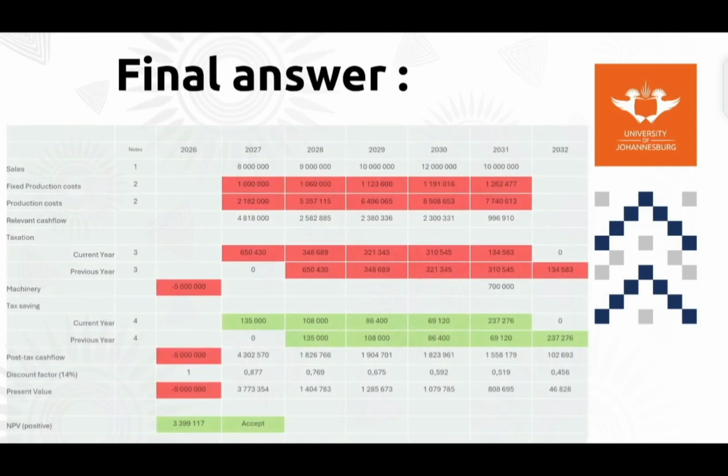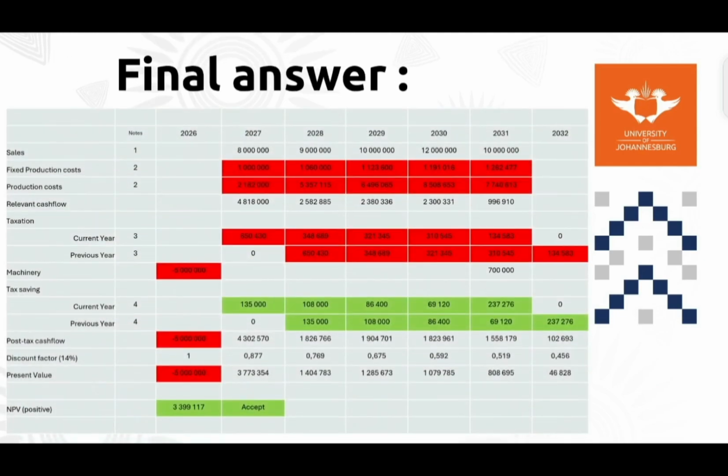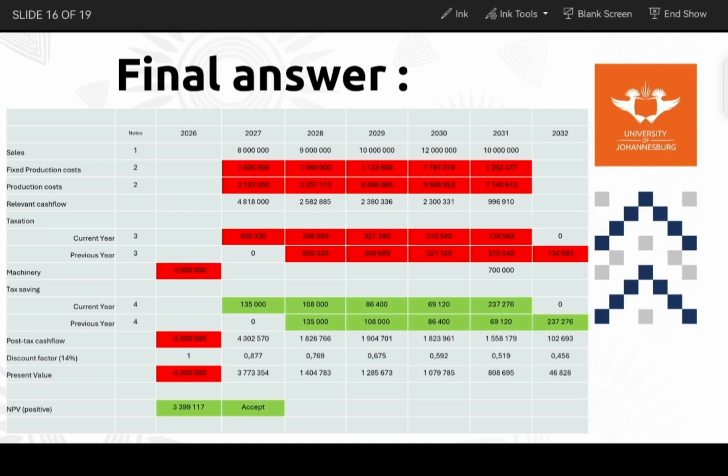So this is what the final answer looks like. Constructed, this is how you are supposed to construct it as per the examiner. So you've got your sales again. So all those values that we have been counting, you just plug them back in here. You plug them back in, plug them back in, plug them back in. Here's your discounting factor, there it is, and then your present value, right?